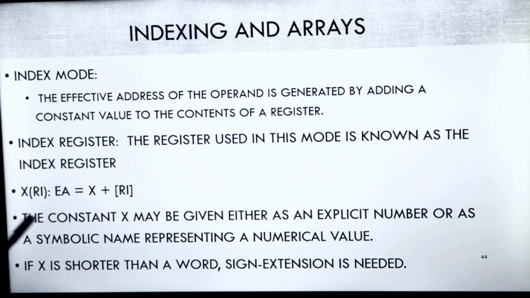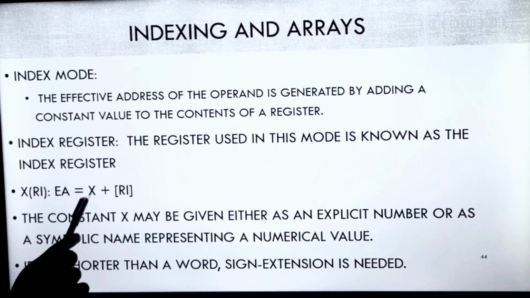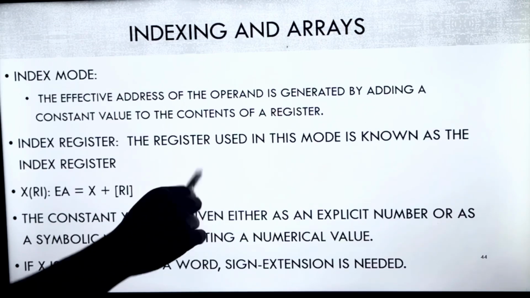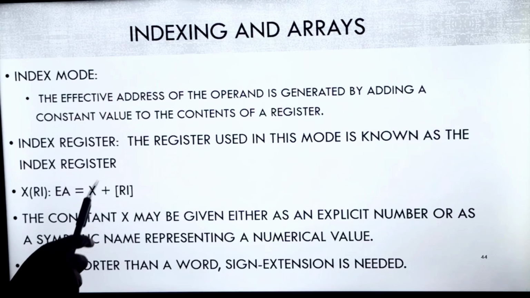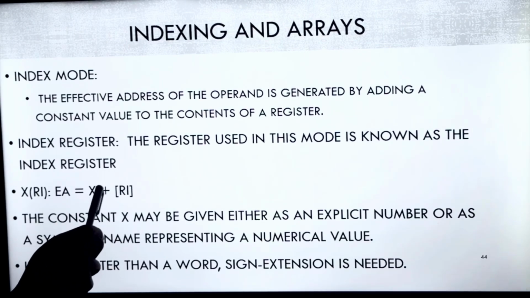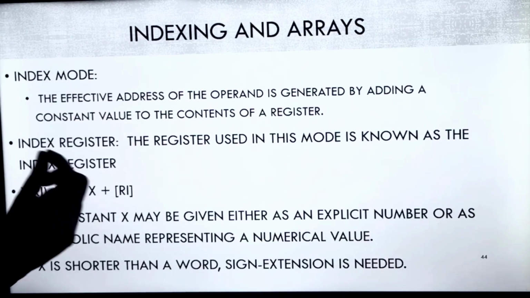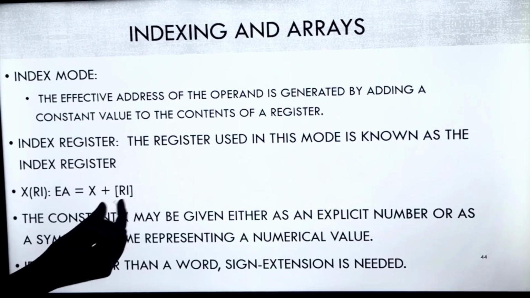The effective address will be calculated like this. X is nothing but the jump, whatever I said, how many times you have to jump, or which character you want, fourth character, third character. This is the offset X, plus this Ri, which I am writing in square brackets here.